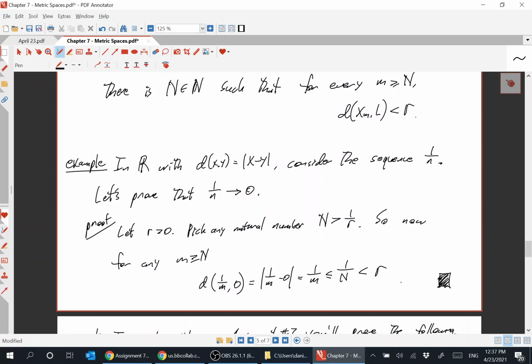Now, whenever m exceeds that natural number, capital N, the distance of 1 over m to that alleged limit, 0, is, in this metric space, by the definition of the distance function, just 1 over m, which is less than or equal to 1 over n, because m exceeds n, and 1 over n is less than r, as we said up here.